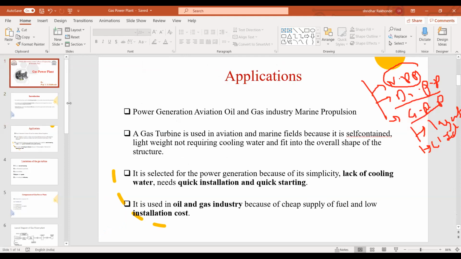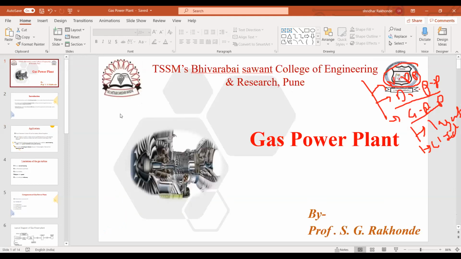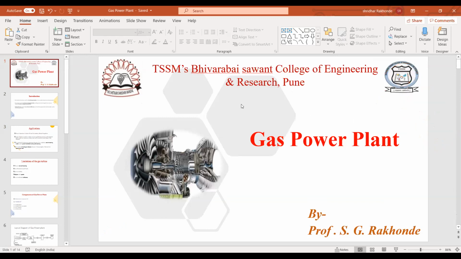What are the basic rules with respect to your assignment? Your diagram should be neat and clear. Second, don't use shortcuts. Explain each and every question and try to write in a proper manner so that you can score maximum marks.